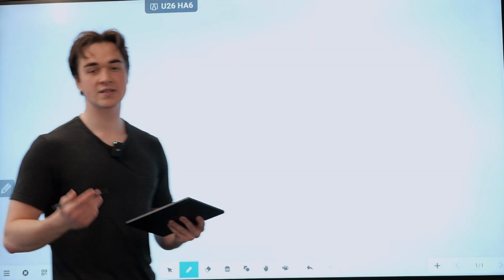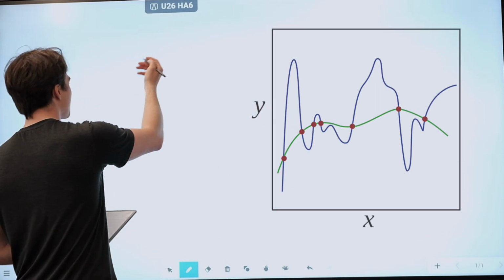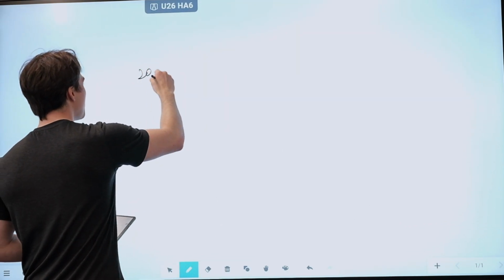The problem with Lagrange interpolation is that when you have more than 10 points, your polynomial becomes very strange. Assume you have, for example, 20 points.